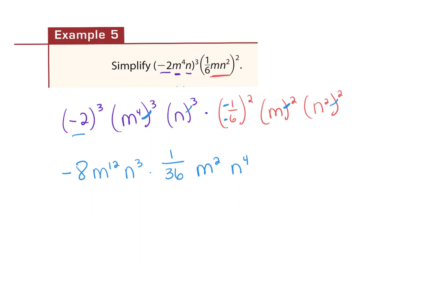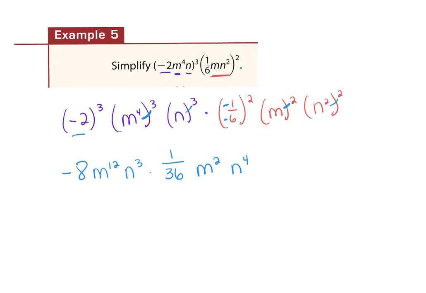So clearly I am not done with this one yet because I now have bases that can combine and coefficients that can combine. So when you give these answers for me, you never want to have two of the same variable because you could have combined them with your properties. At this point, we can start combining anything that is alike.